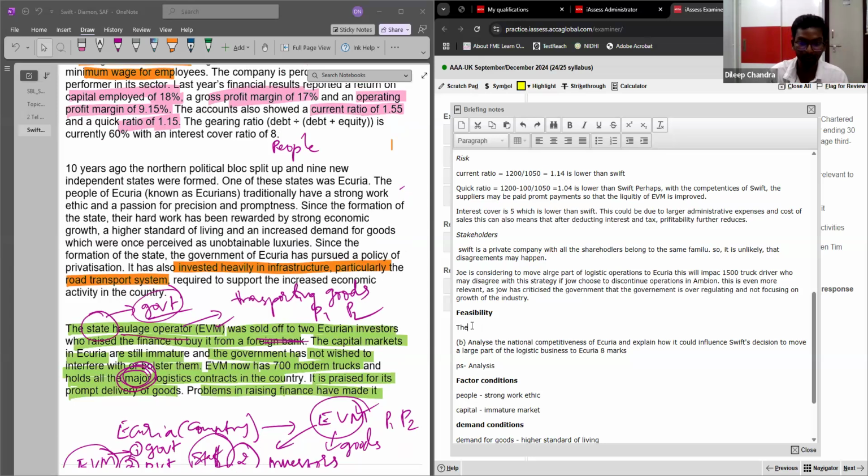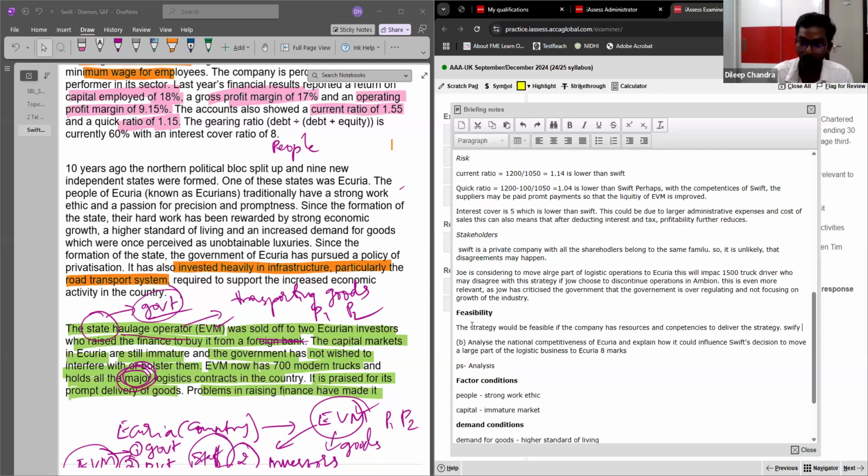So I'll say that the strategy would be feasible if the company has financial resources. Anyway, we have competencies, right? So I'll say company has resources and competencies to deliver the strategy.